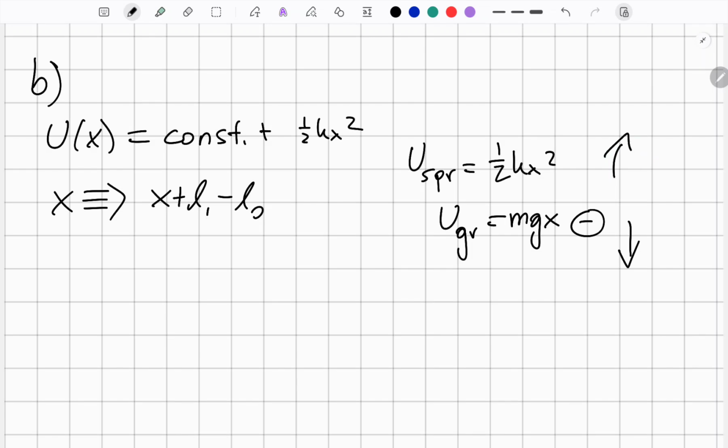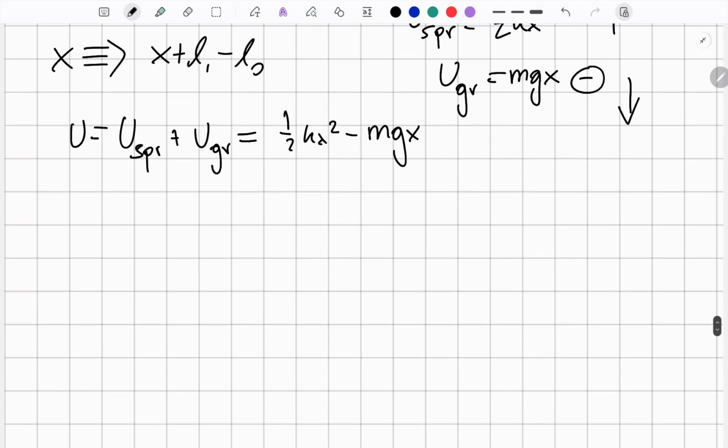Spring is restoring upwards. So our total potential energy is the spring plus that gravitational potential, and that's going to be 1/2 kx squared minus mgx to represent that downward potential energy. And we want to prove that this is equal to 1/2 kx squared plus a constant.